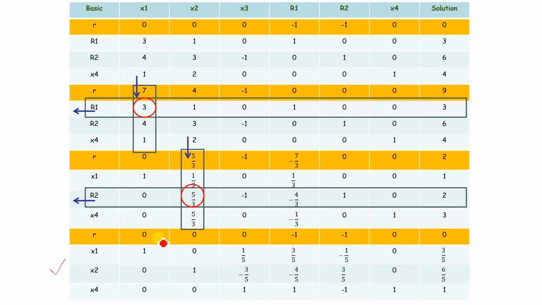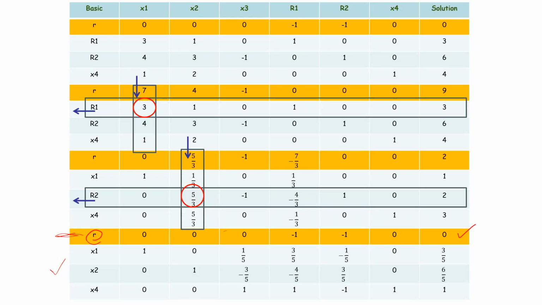So here we can see that there is no positive coefficient in this row. It means we have achieved the optimal solution. And the optimal value of this R is 0. If it is positive, then we'll conclude that the system has no feasible solution and we're done.